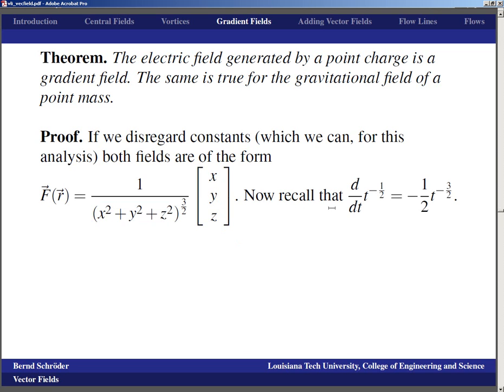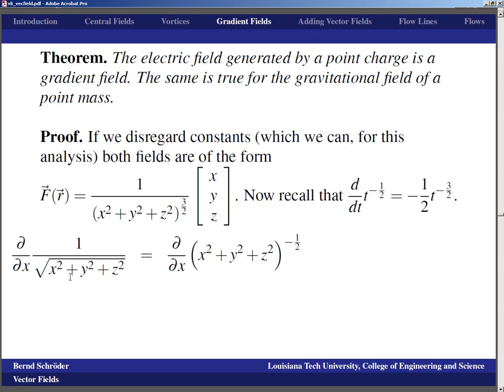And if we now recall that the derivative of t to the negative 1/2 is negative 1/2 times t to the negative 3/2, then we notice that there is a good chance that the function 1 over r, 1 over the square root of x squared plus y squared plus z squared, would be such that its gradient is this function here. If we take the partial derivative of 1 over the square root of x squared plus y squared plus z squared with respect to x, what do we get?